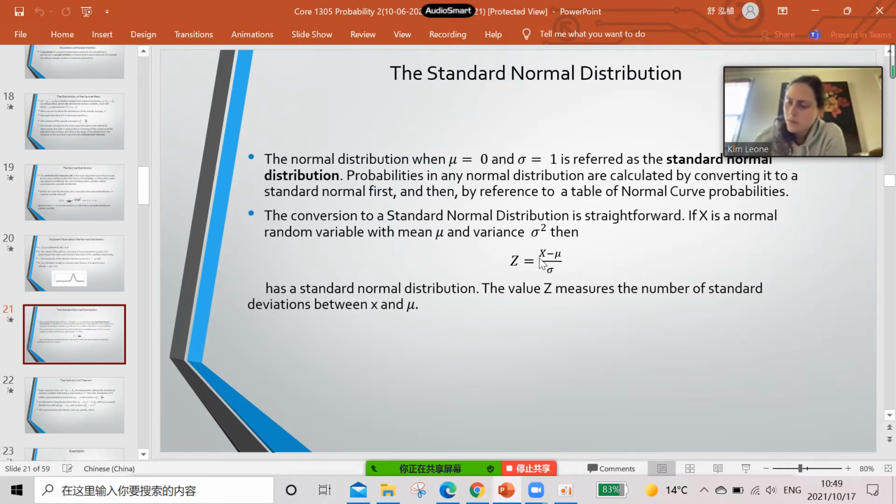So am I doing the z-score? What are the x and the mean to find the z-score? Let's see. So z-score equals x minus 25 over the standard deviation.